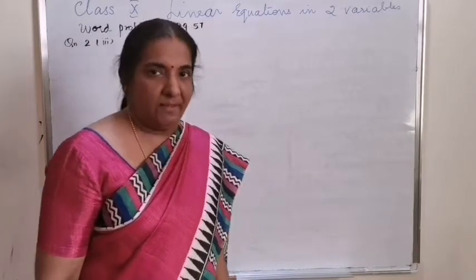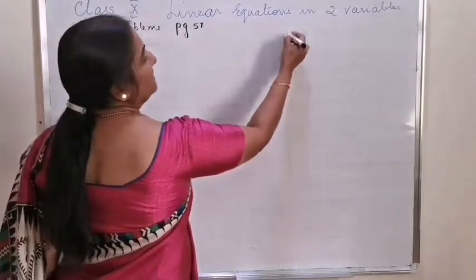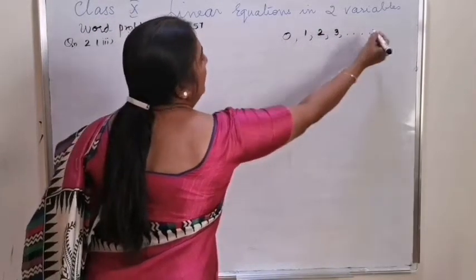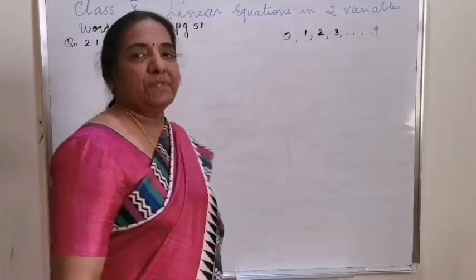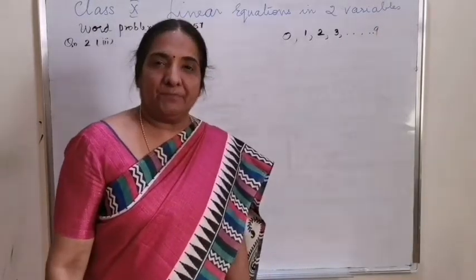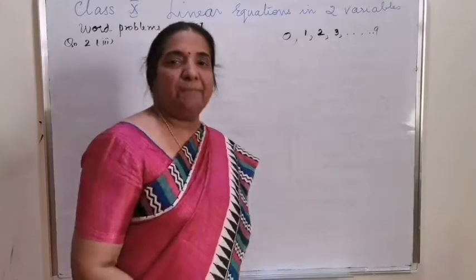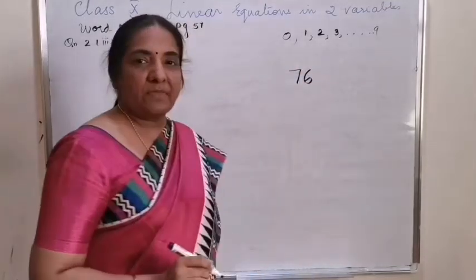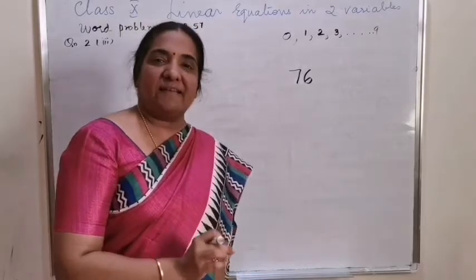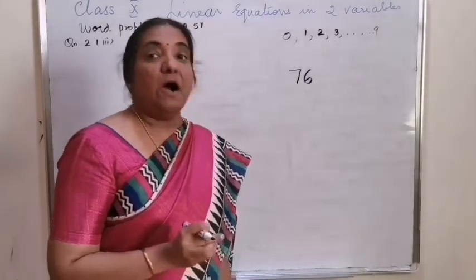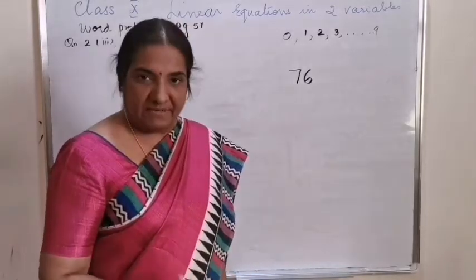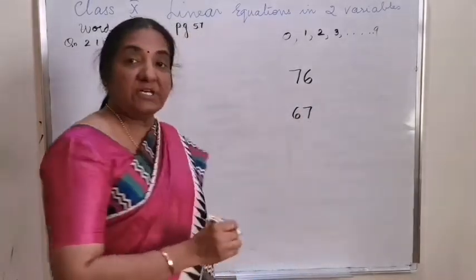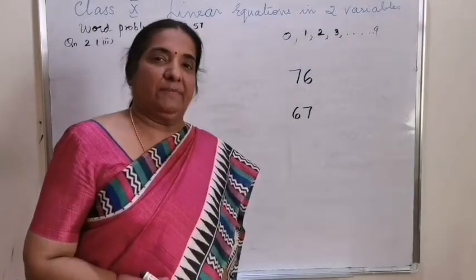class 1. The digits we use to write numbers are from 0 to 9. Take an example of 76. With the digits 7 and 6, how do you form 76 and how do you form the reversed number 67?